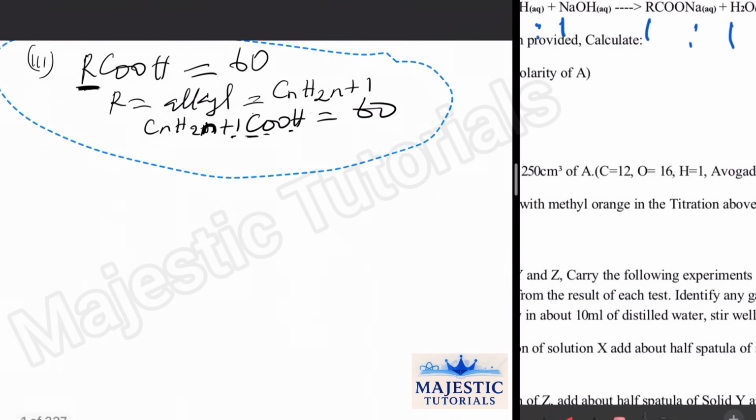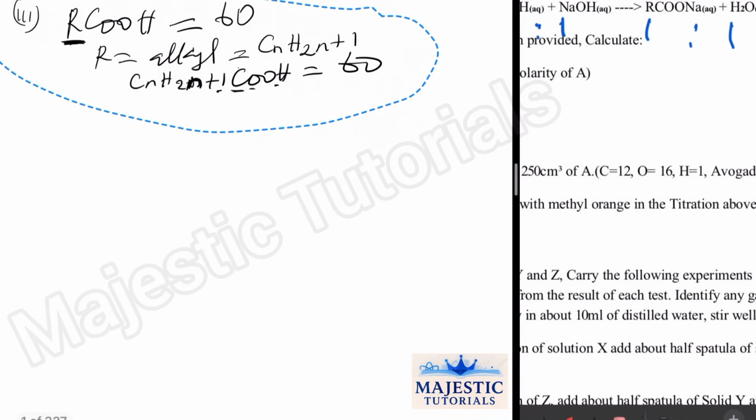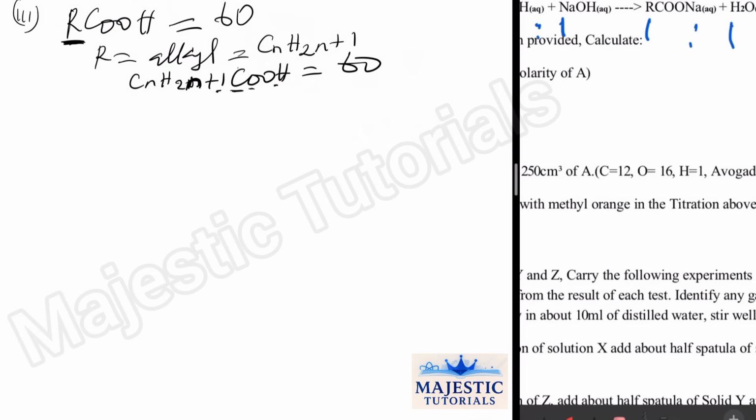We look at this. I will replace the values of C for what C is, which is 12. So CnH2n. Remember, you are not going to put 12 here because you don't know the value of this thing. Plus 1 plus 12 plus oxygen is 16. 16 times 2 because oxygen is 2 there.